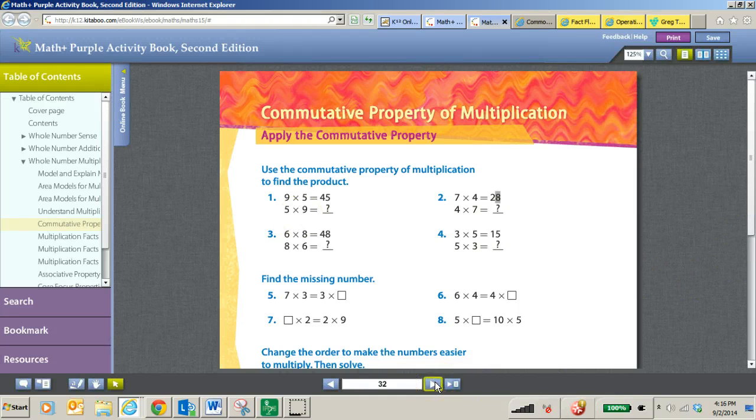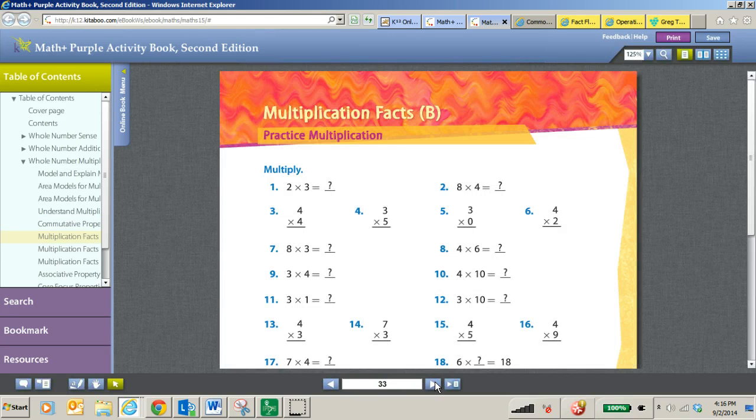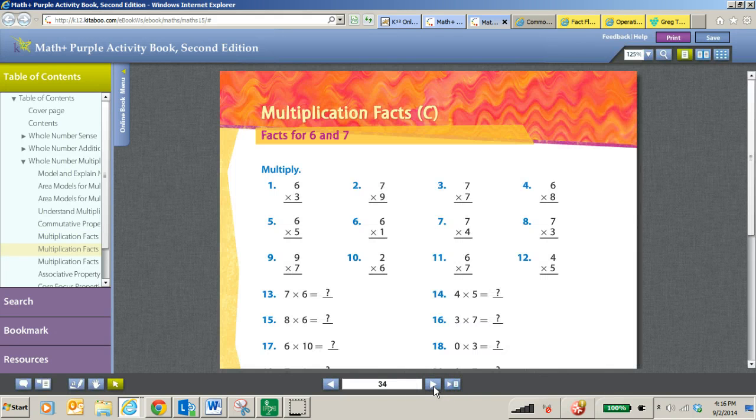As they learn the properties, they'll start applying those properties and really thinking about the multiplication facts. So again, I'm going to show you some sites that will help you help your child if there's something that they don't know, that they could maybe break things apart into things that they do know. And I'll show you that with my webcam in just a minute.